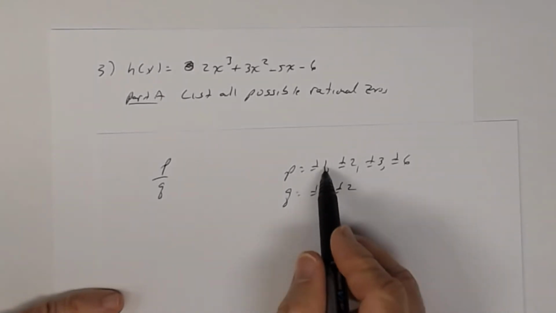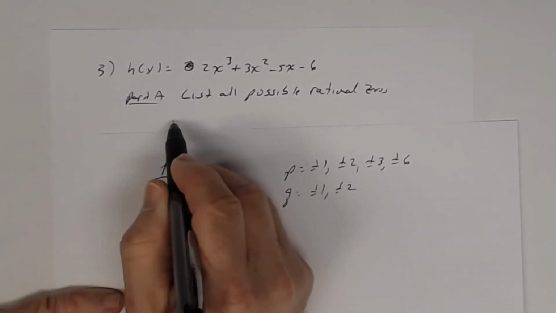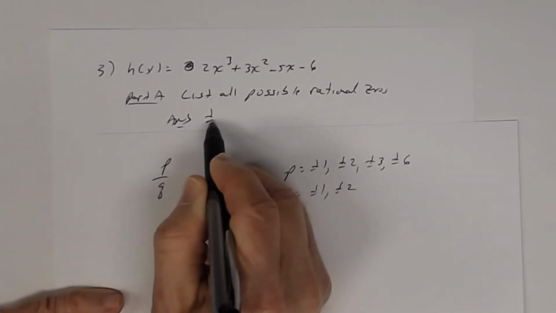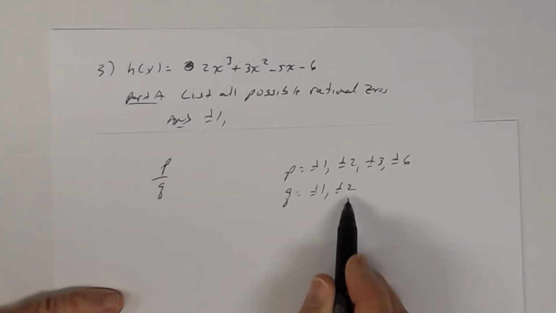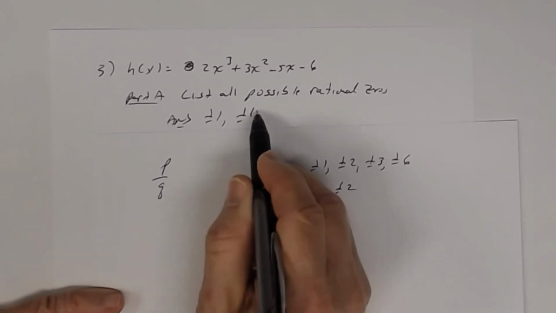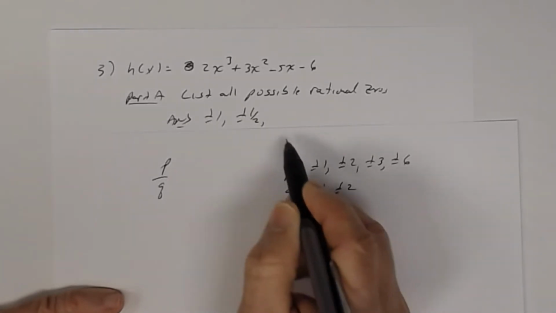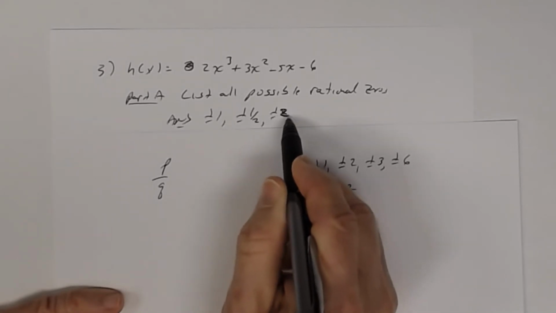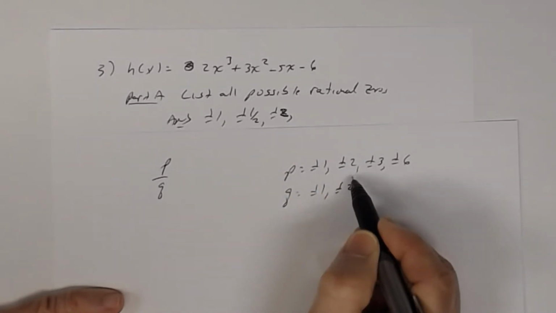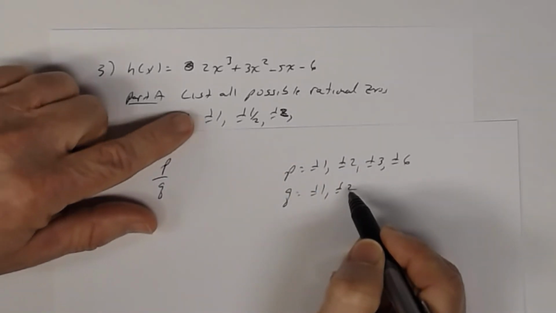So 1 divided by 1 is 1, so you're going to say plus or minus 1. 1 divided by 2 is 1/2, plus or minus 1/2. Now let's do the 2. 2 divided by 1 is 2, so plus or minus 2. 2 divided by 2 is 1. You already have it listed, so I won't list it again.